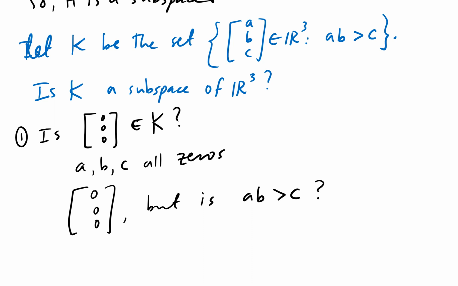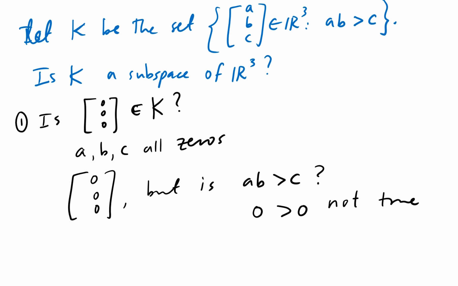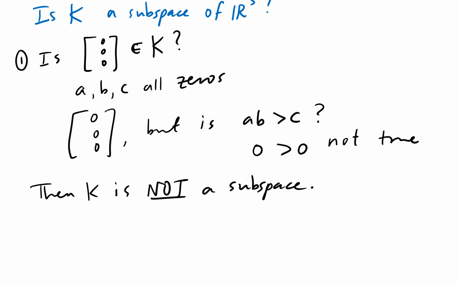Well, let's see. If A is 0 and B is 0, that's 0. 0 bigger than 0? Oh, that's not true. So since one of the properties failed, K is not a subspace. As soon as you find at least one of the properties fails, then it's not a subspace.